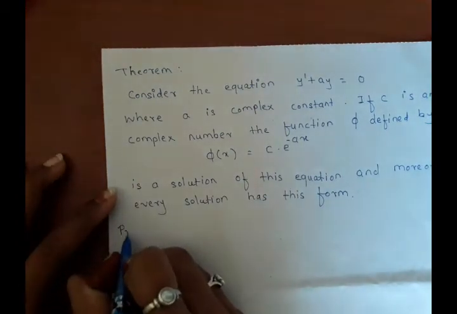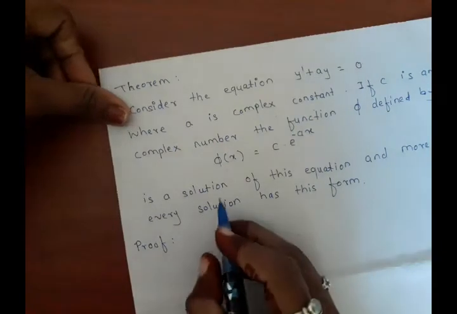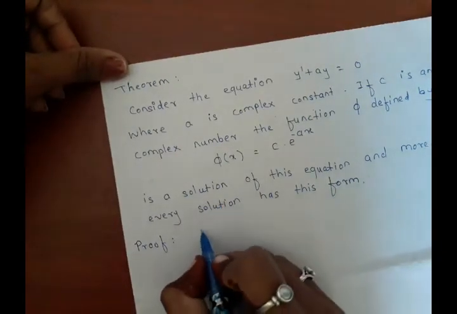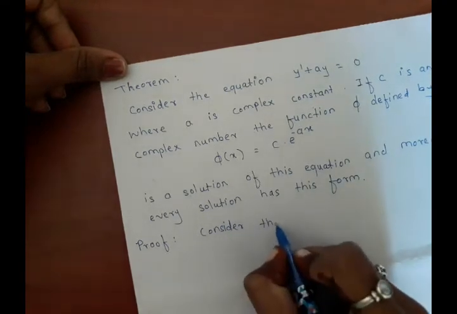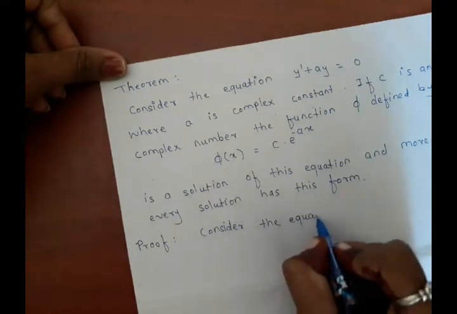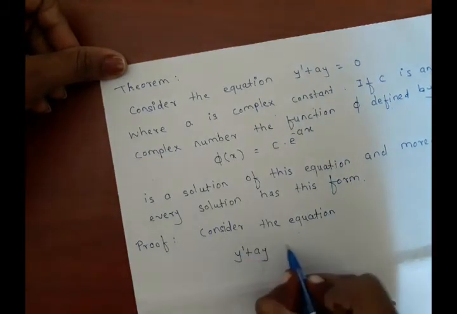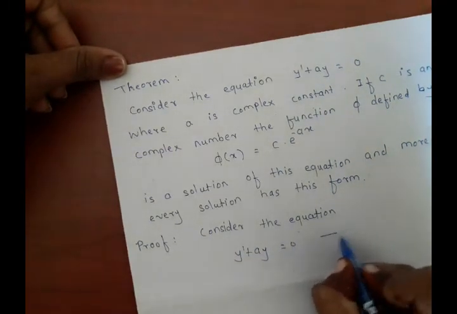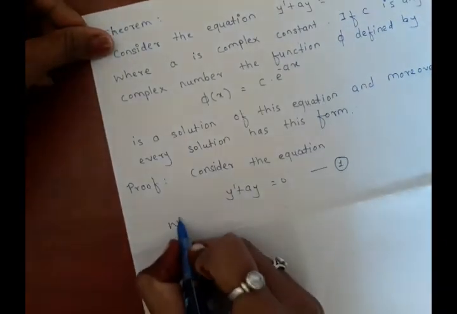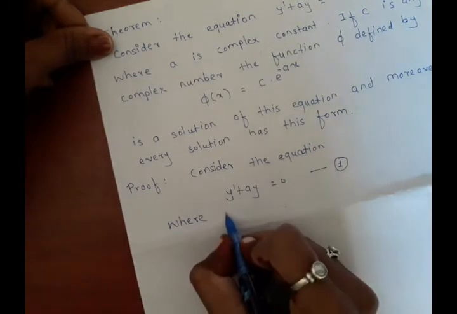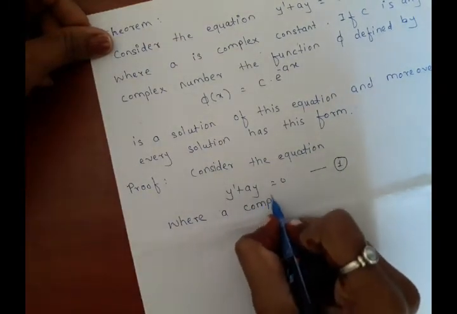So let us take the proof. Write down the given conditions first. The given equation is y' + ay = 0, noted as equation number 1, where a is a complex constant.